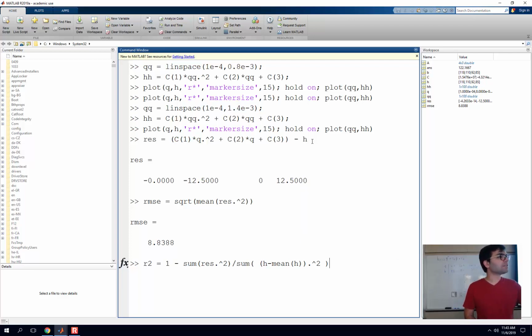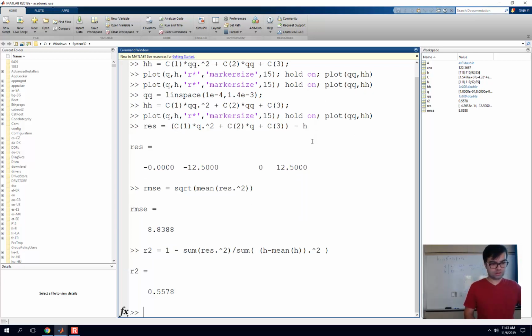Does it make sense why I didn't use y and I used h? So our R squared value is 0.55. Closer to 1, better. Farther away from 1, worse.